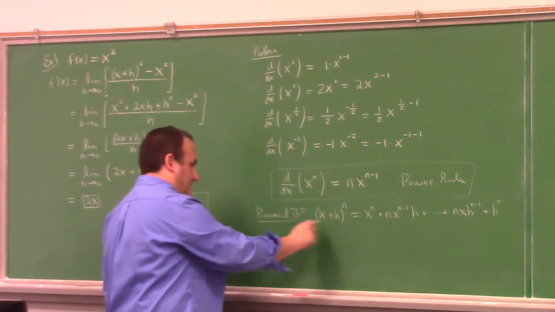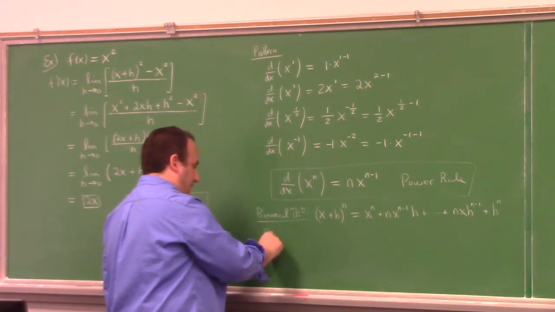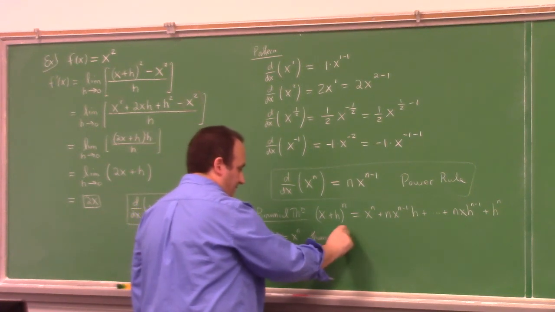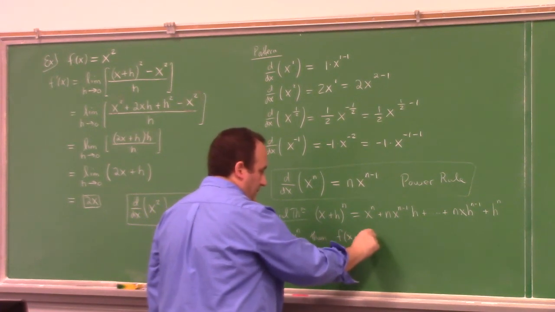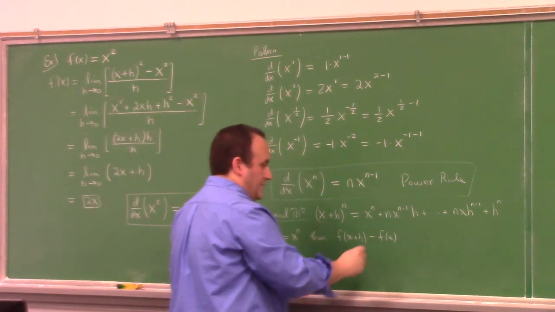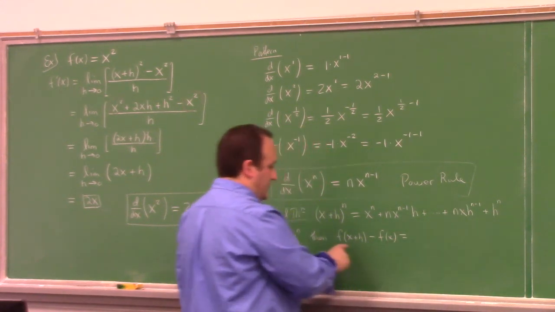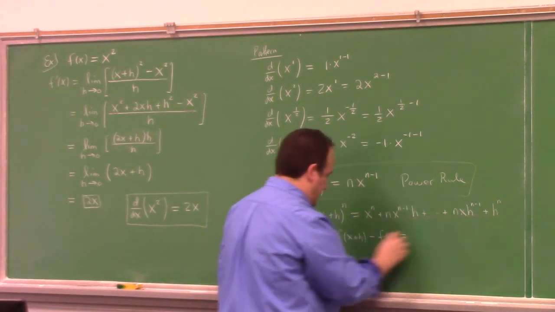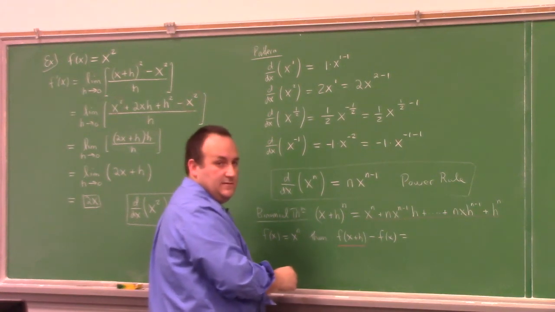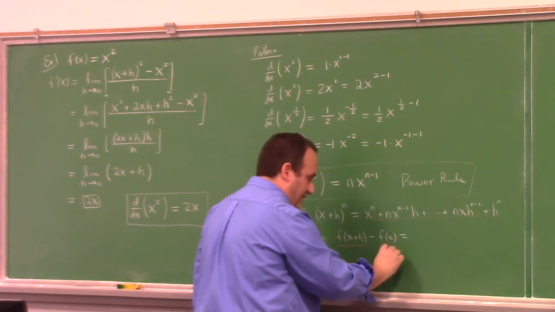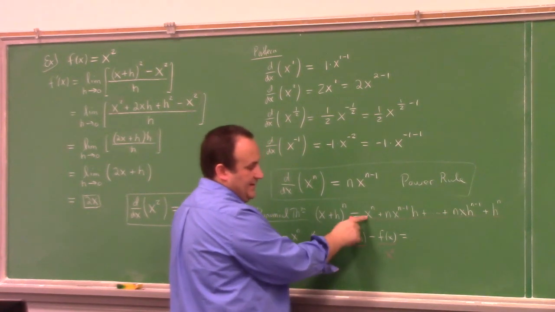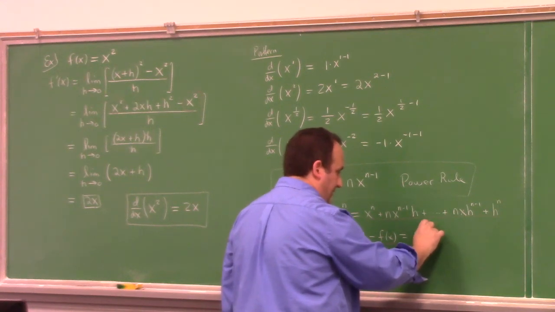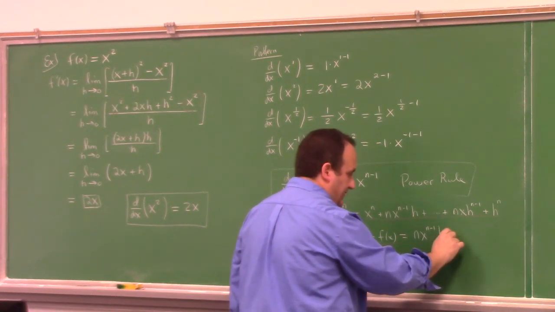So if we look at f of x equal x to the n, then f of x plus h minus f of x is equal to, see, what happens is you have this whole term, and this is exactly x to the power n. So that and that cancel, and what you're left with is n x to the n minus 1 h plus a bunch of stuff.